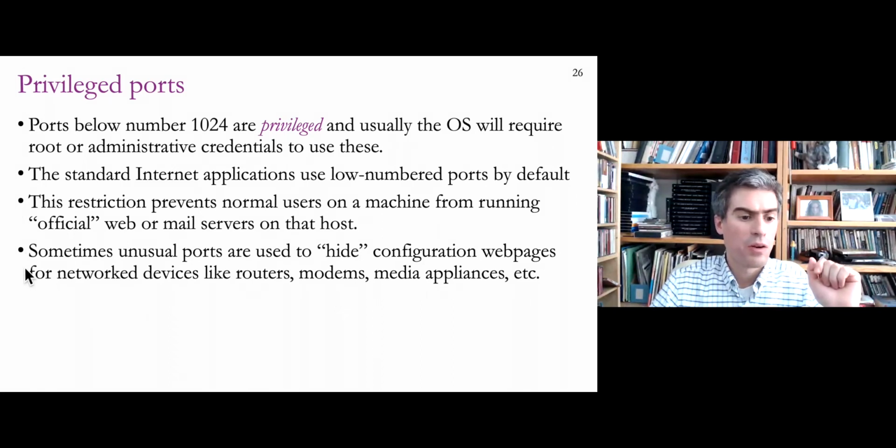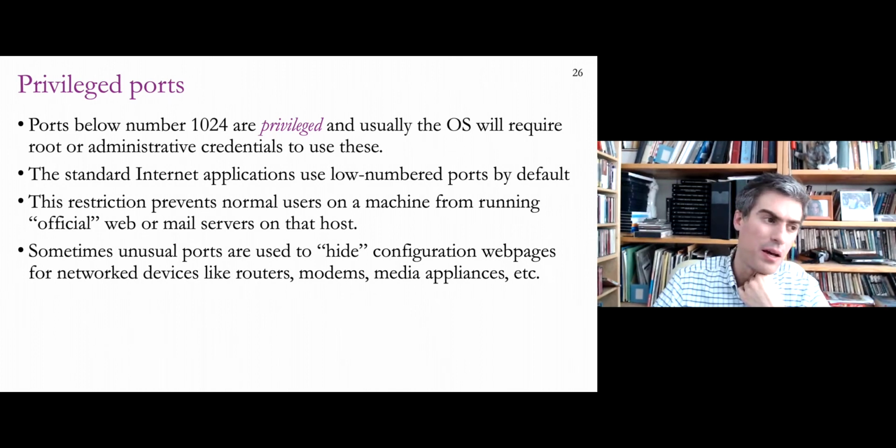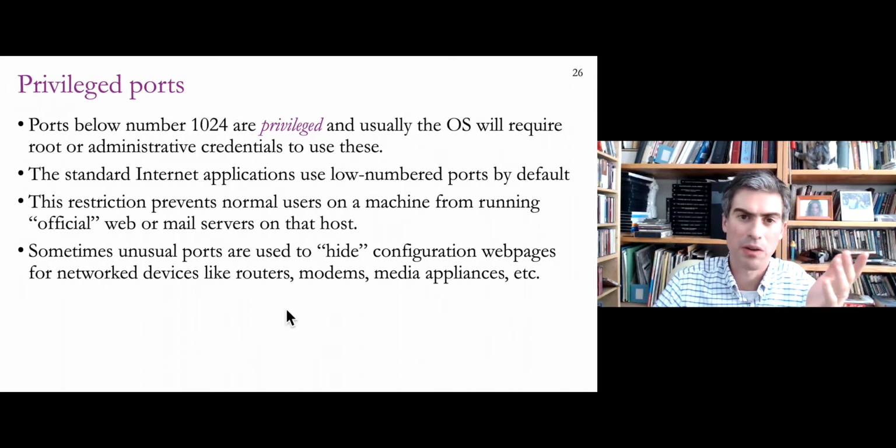One other thing you may have noticed is that sometimes unusual port numbers are used to hide configuration pages. Like if you have a device like maybe a home router, or another kind of appliance like a voice over IP telephone or something that can be configured through a web interface, sometimes they will use weird port numbers above 1024 that look kind of random.